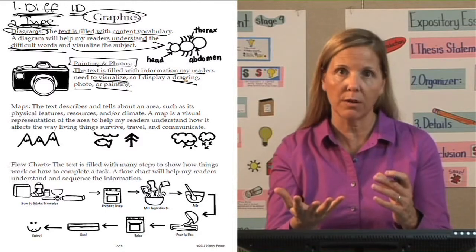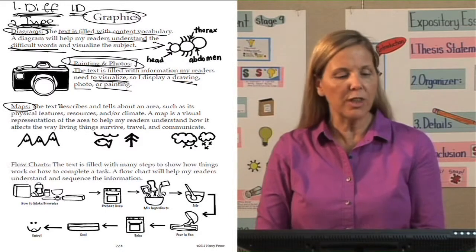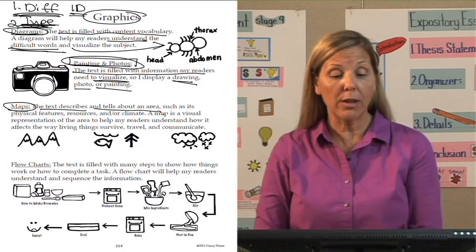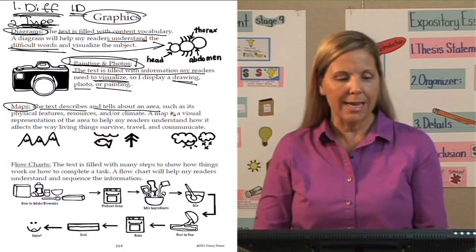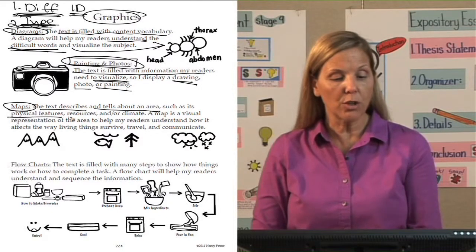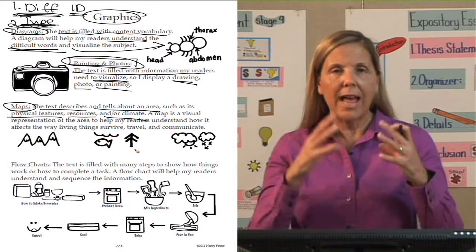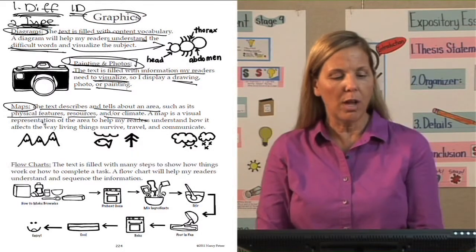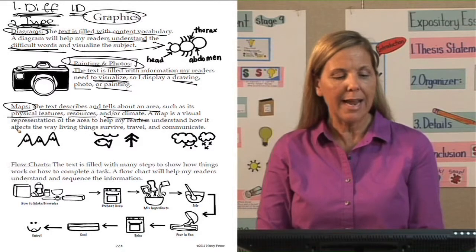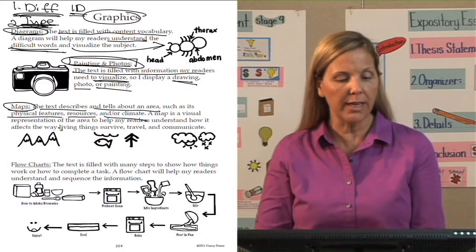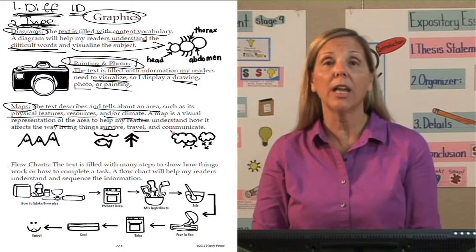A map is used when the text describes or tells about an area, such as, let's say, physical features, resources, the climate in that area. That map is a visual of that area to help my reader understand how it affects the way people live, survive, travel, and communicate.